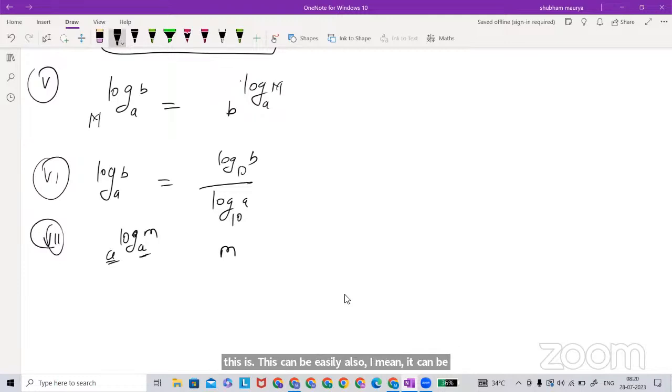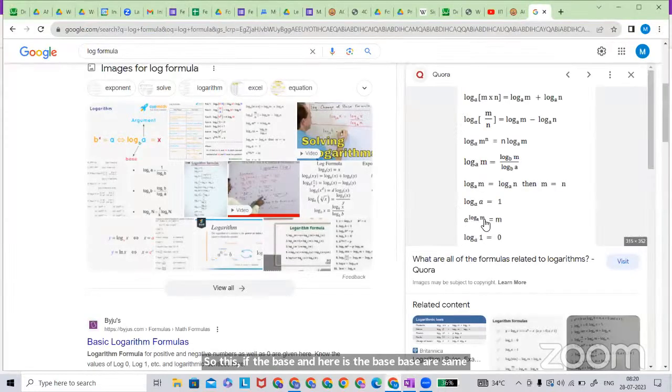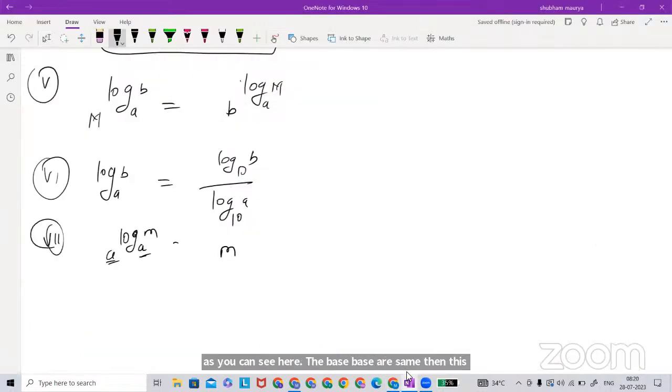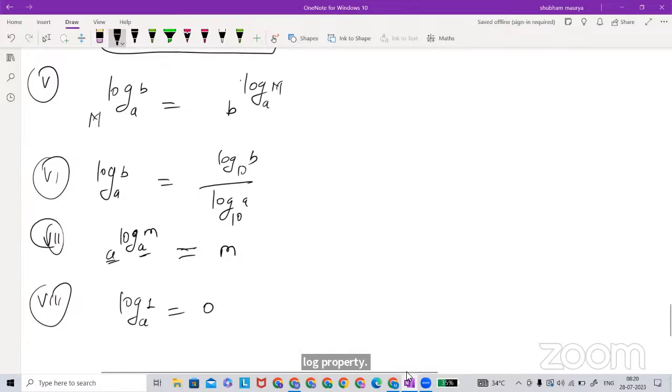If the base and the base here are the same, as you can see, then this will be exactly equal to 1. Sorry, those log values. And the eighth one also: log with any base of 1 is 0. This is a log property. So this is 0. That's all, I think.